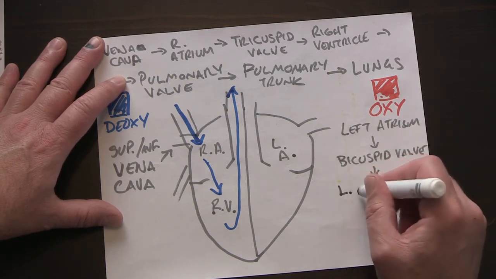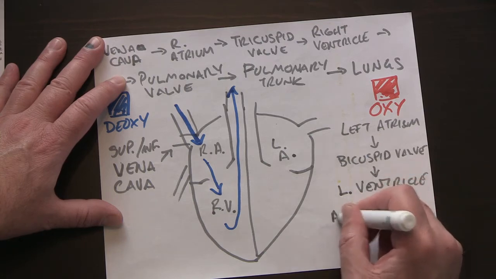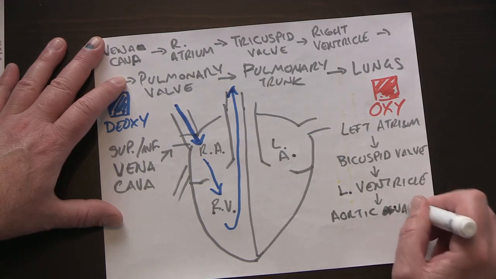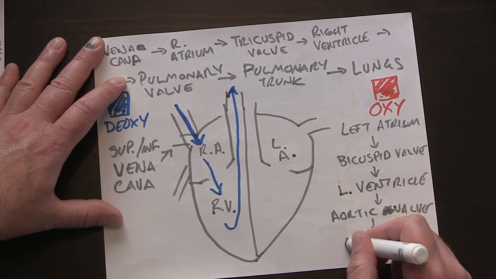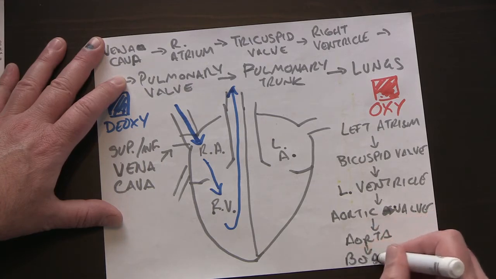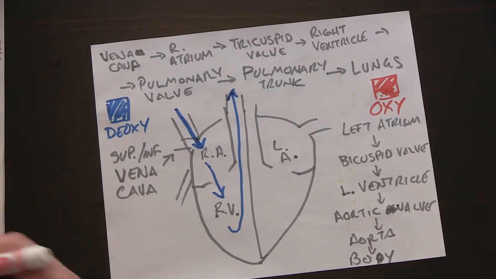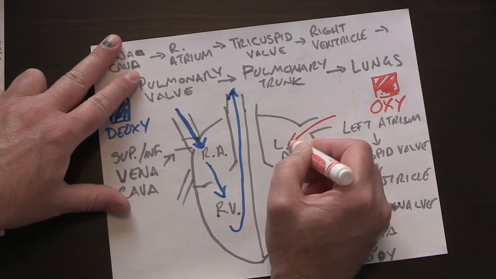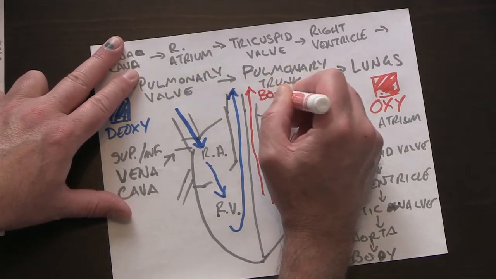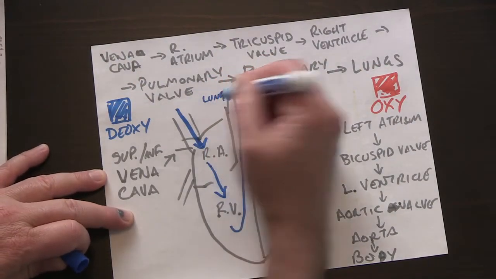To the left ventricle, then pass through the aortic valve, and then through the aorta, and then out to the body tissues, out to the body, where the oxygen is then used by the body, right? So it's going to come in here, go into there, and go out to the body. And then to the lungs.